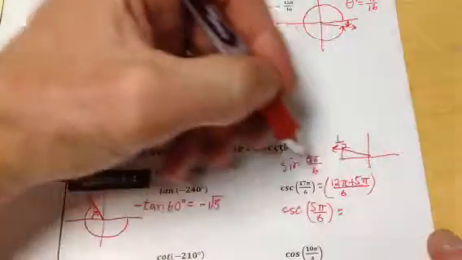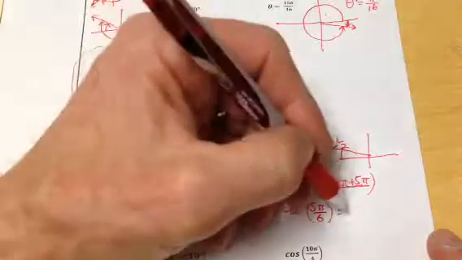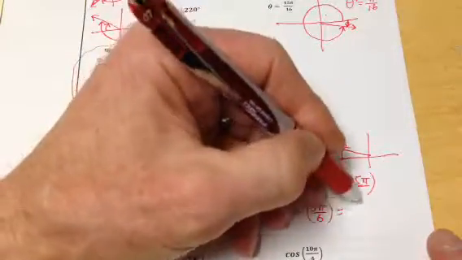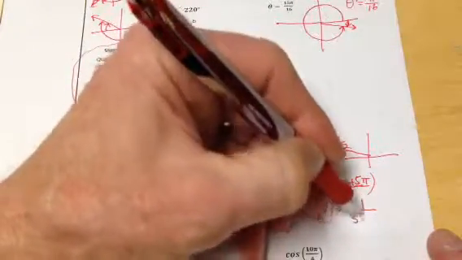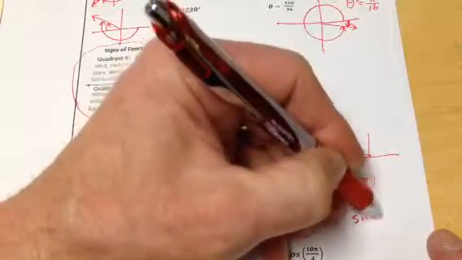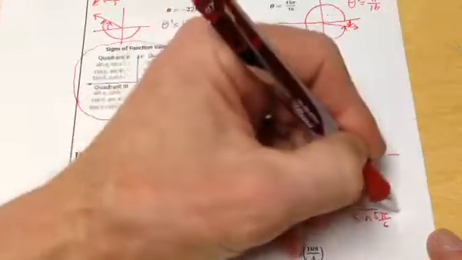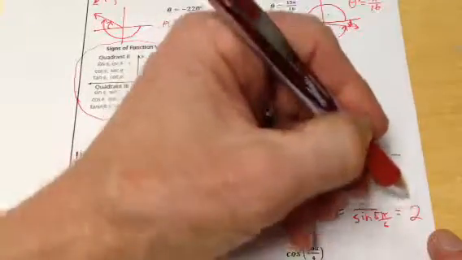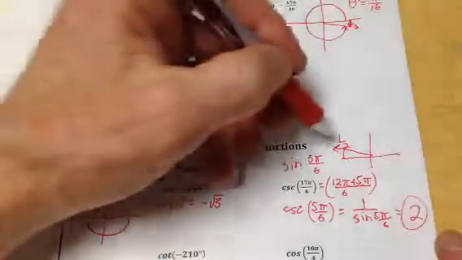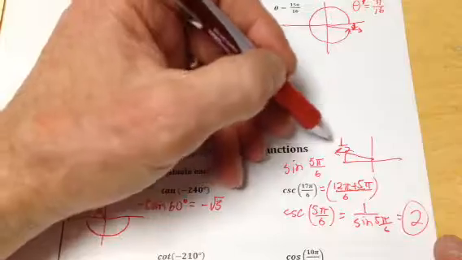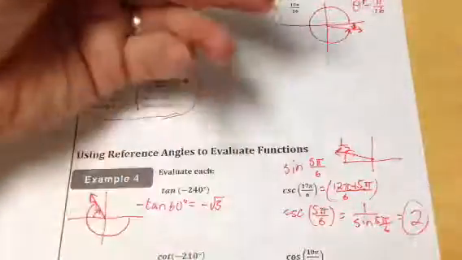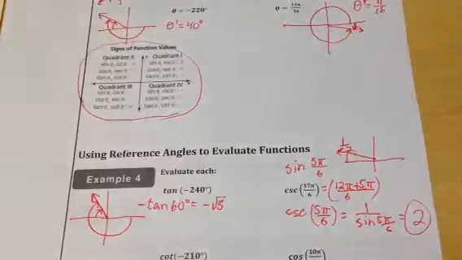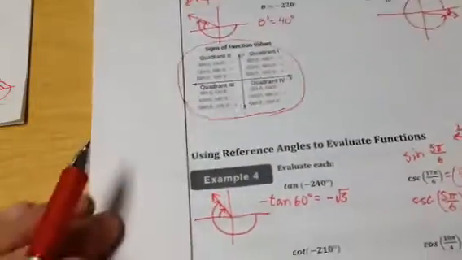So it's the reciprocal of the sine of 5 pi over 6, which will be 1/2. The reciprocal of 1/2 is 2. So the cosecant is the reciprocal of that, which is 2. All right.